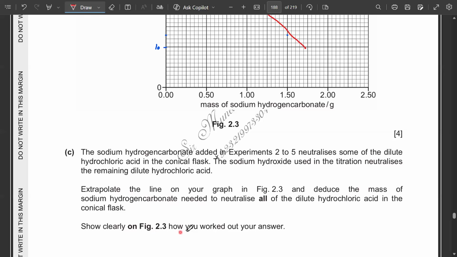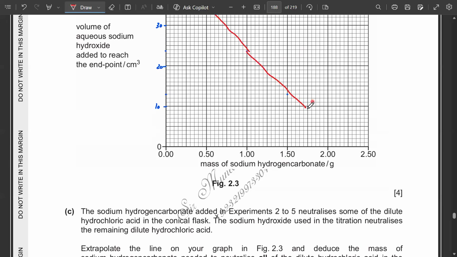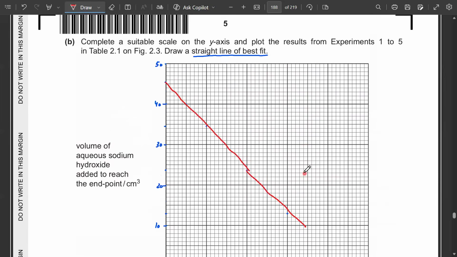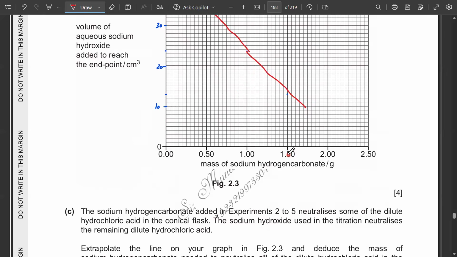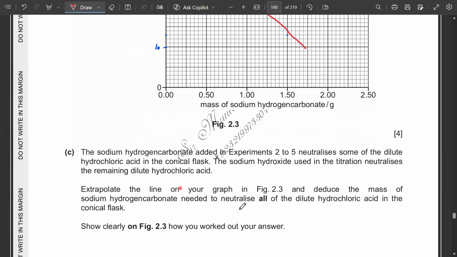Show clearly in figure 2.3 how you work out your answer. So you can see that the last volume is almost 13 cm cube. We need to extrapolate the line and deduce the mass of the sodium hydrogen carbonate needed to neutralize all of the hydrochloric acid.